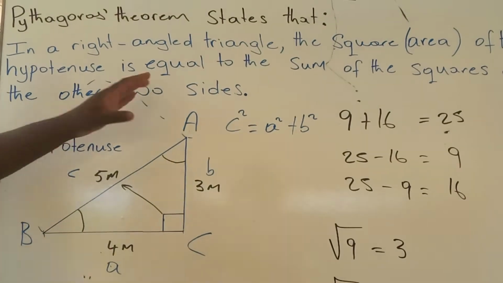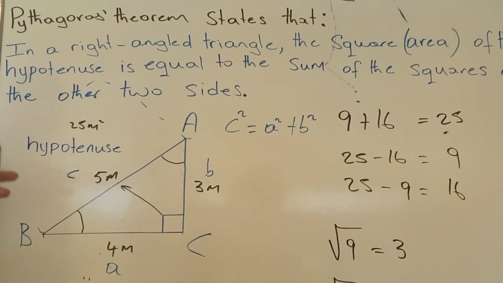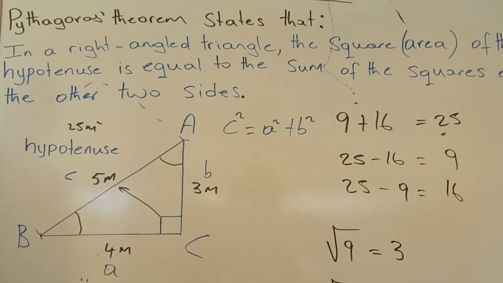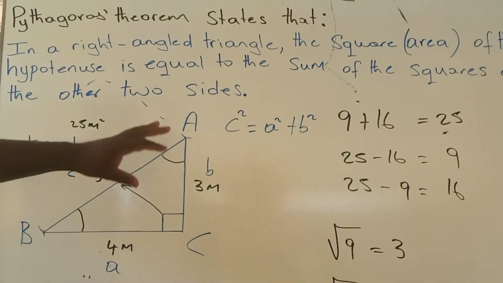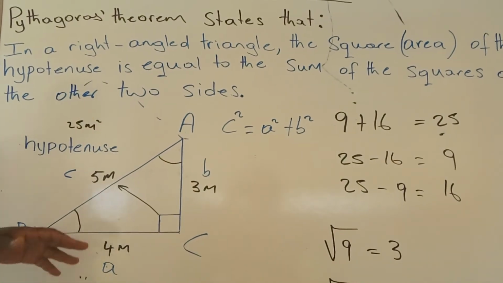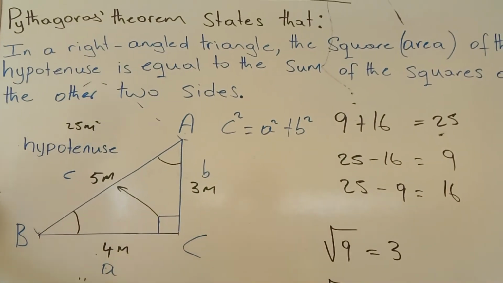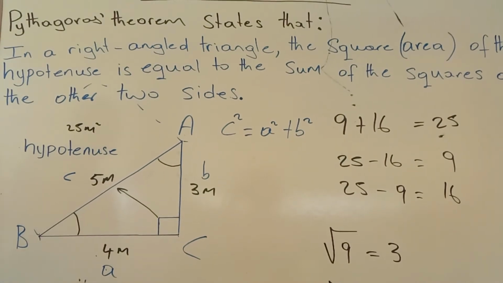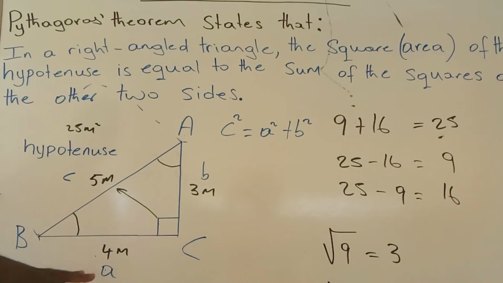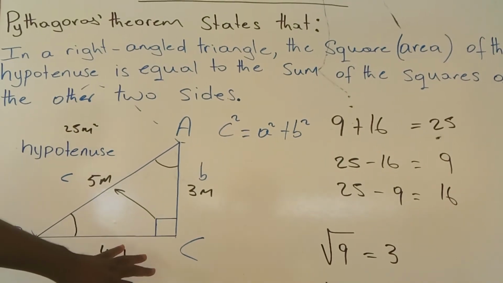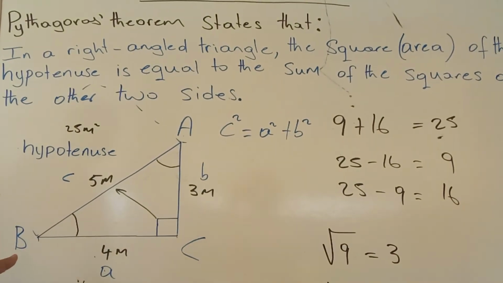Now, after studying several right angle triangles, he discovered that there's a relationship when you find the area of each side, and that if you know two sides and you know the area, you can always find an unknown side in right angle triangles.